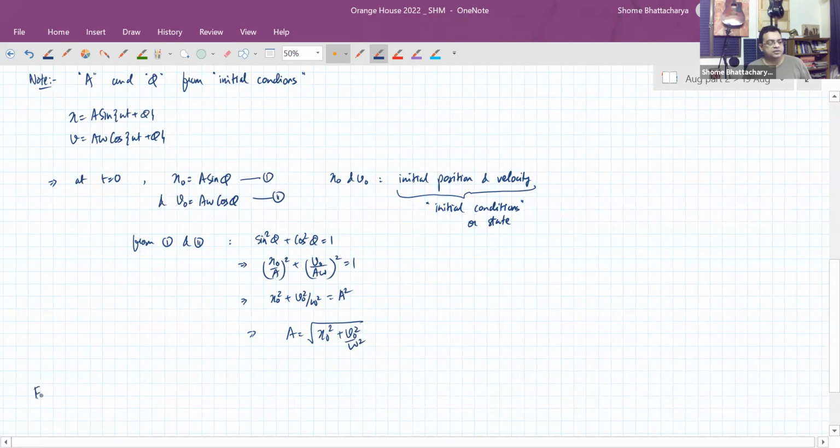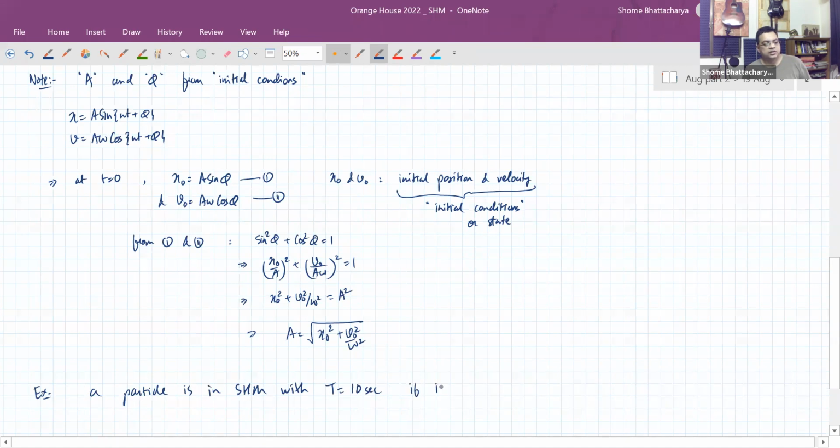So for example, if we have a situation that a particle is in SHM with time period equal to, let us say, 10 seconds.